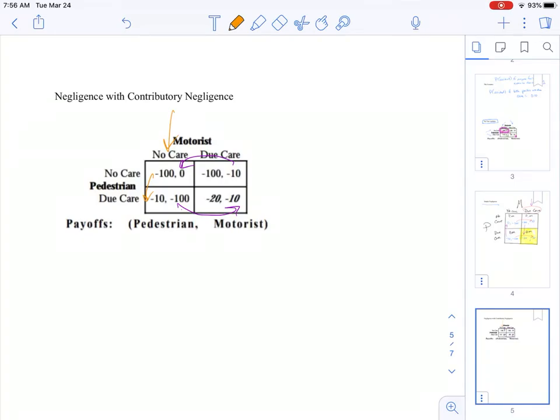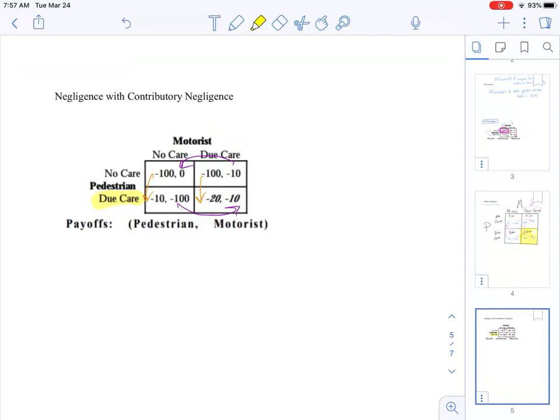So the pedestrian is better off taking due care in the situation where the motorist does not. Now, what if the motorist does take due care? That puts us in the right column. If the pedestrian doesn't take care, they're out 100, and they're out 20 if they do take care. So the pedestrian is better off taking due care no matter what the motorist does. So we could say the pedestrian has a dominant strategy to exercise due care.